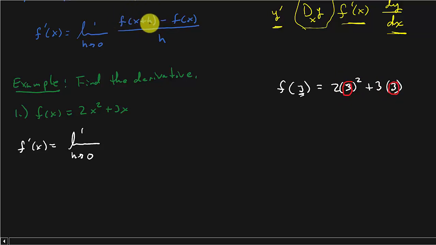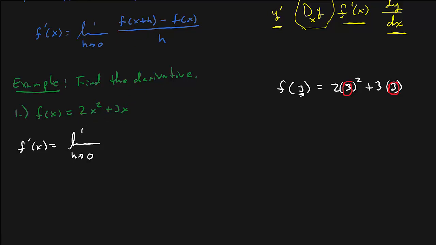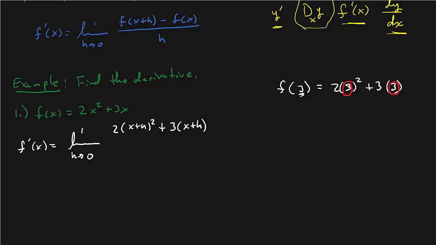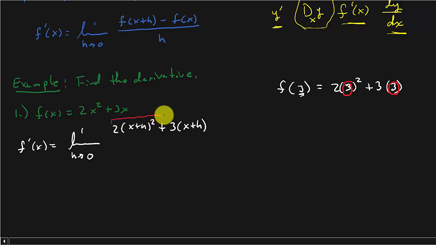This part right here is just telling us to replace each one of these x values with x plus h. So let's do that. That's 2 times x plus h squared plus 3 times x plus h. All right, so there you go. This right here is your f of x plus h.